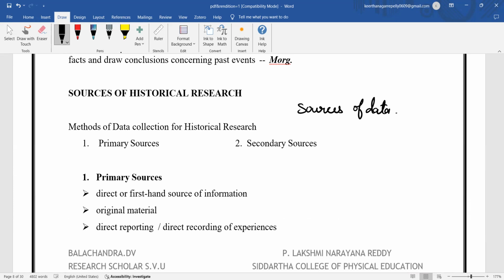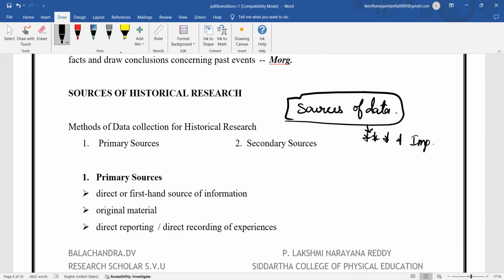Sources of data are very, very important in terms of collecting the data in historical research. This completely shapes the research study, so you have to be very careful.